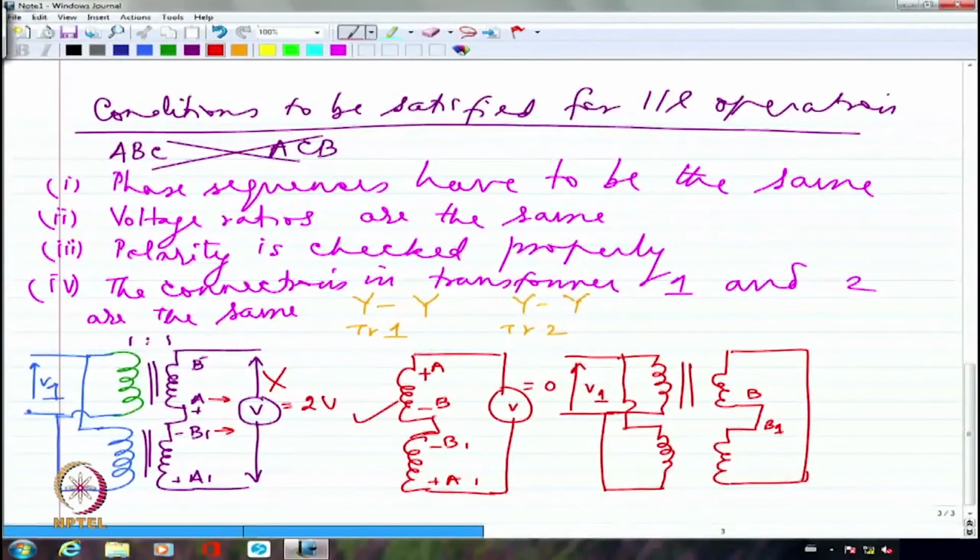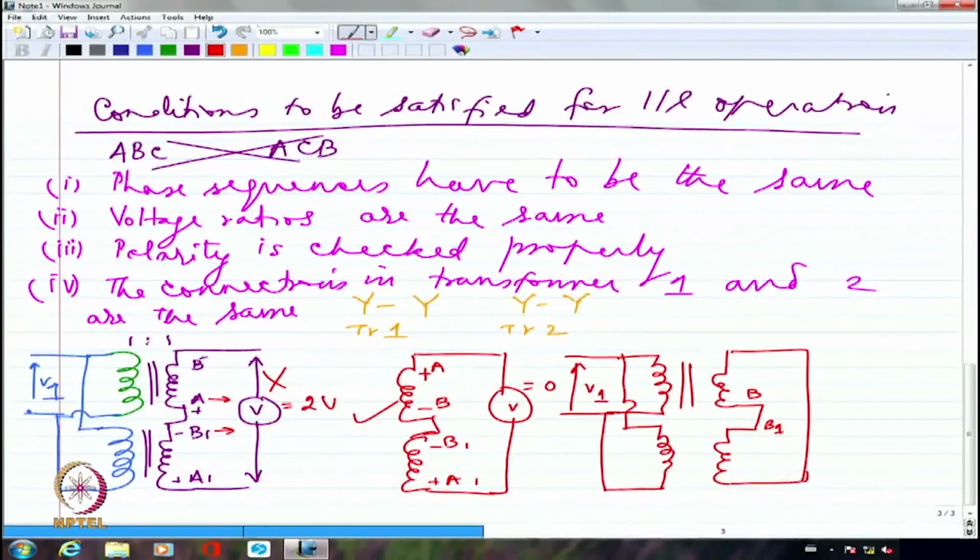If the voltages are somewhat different, let us say I may have a 220 by 110 volts transformer in both the cases. But instead of getting 110, I get 109.8. That 0.2 volts is going to circulate the current, because please remember, the resistance and leakage reactances of the transformer are really, really small.